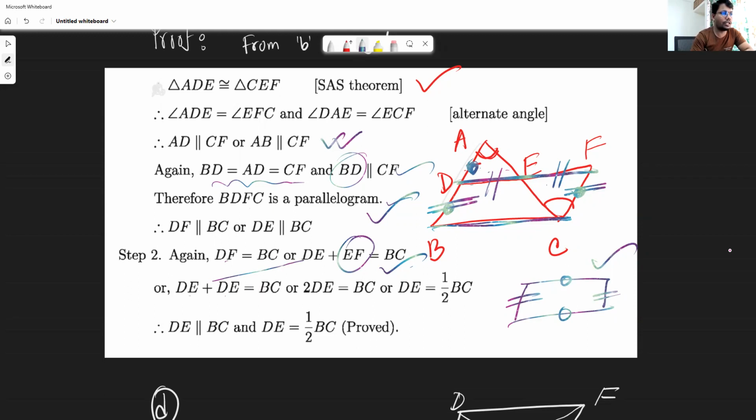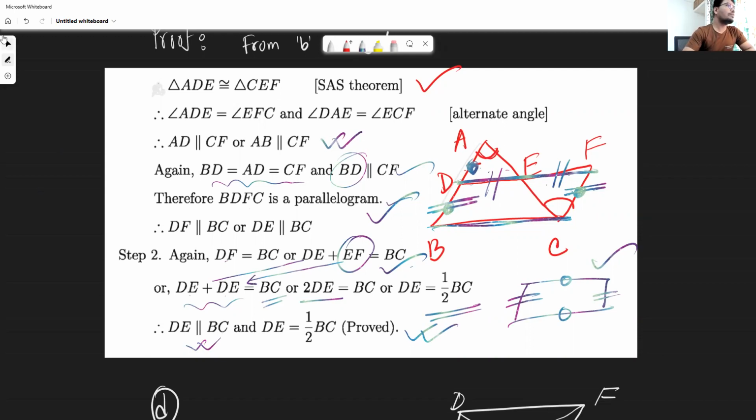DE and EF both are the same, so we can write EF equal to DE. And the right side, this is BC. So adding, you will get 2 times DE, and then dividing by 2, there will be half times BC. So now definitely this is parallel with this one and it is proved. The requirement here is to show that DE is half times BC. So this question is done.